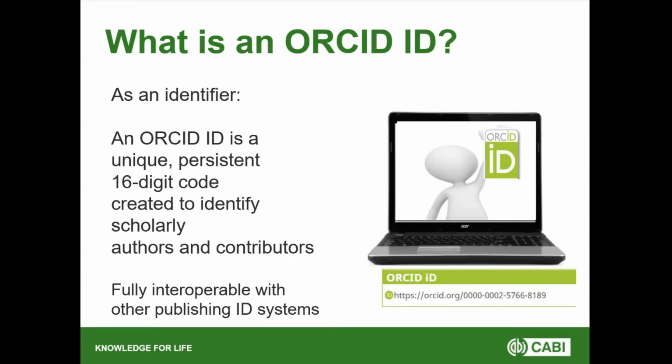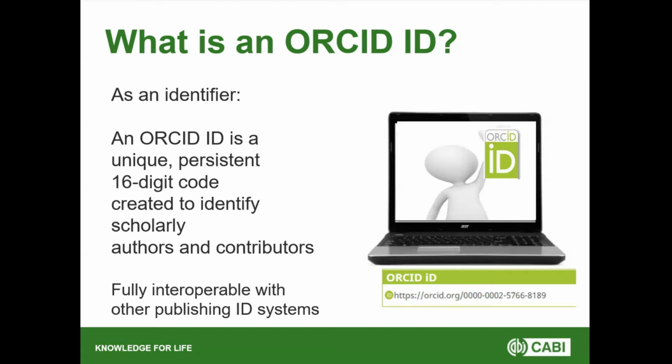As an identifier, an ORCID ID is a unique, persistent, 16-digit code created to identify one and only one author or contributor. It's a universal digital author identifier. It's freely usable and it's interoperable with many other publishing ID systems.